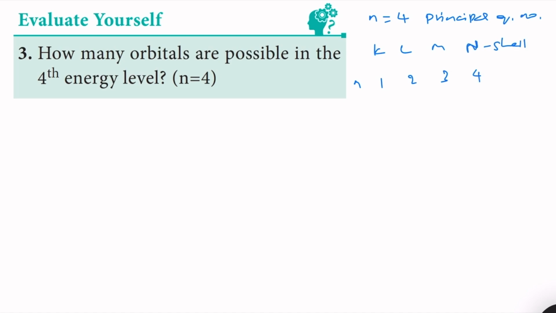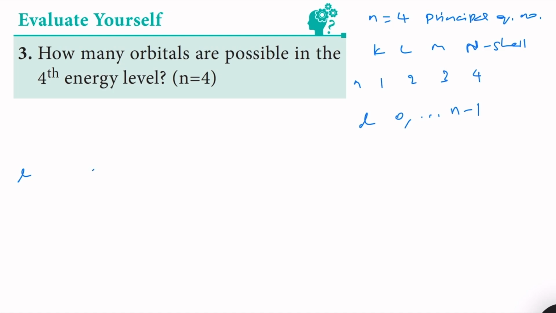So, in the N shell, how many orbitals are there? So, this means that what would happen to the azimuthal quantum number? L runs from 0 to N minus 1. So, this means what will happen to the L values?